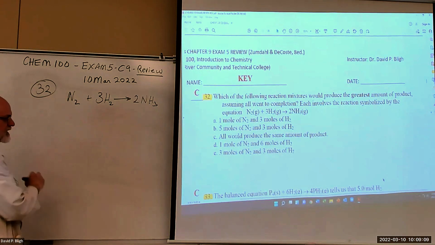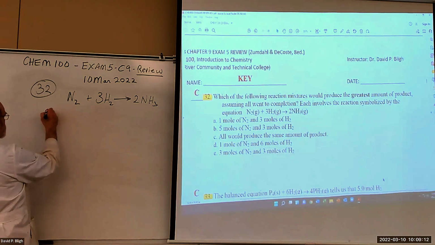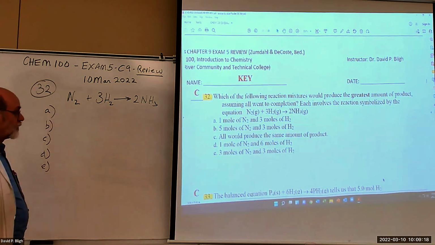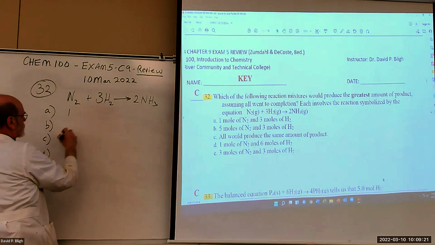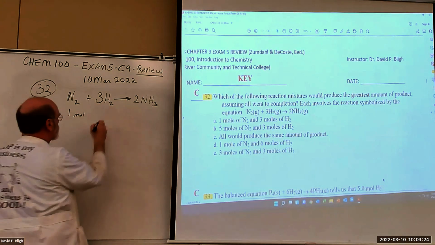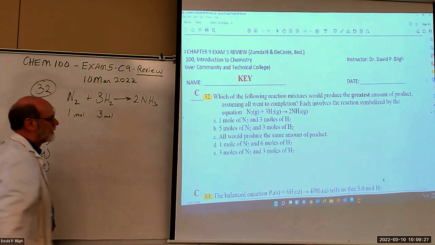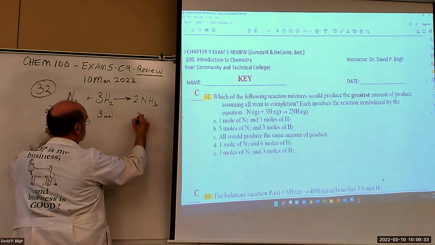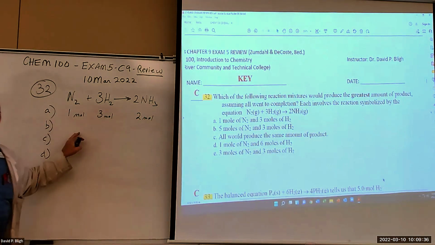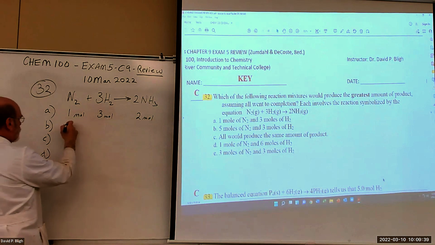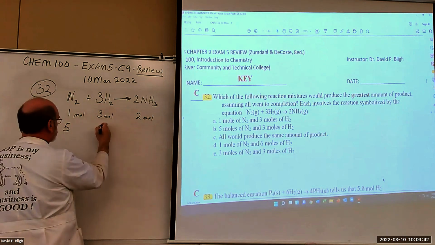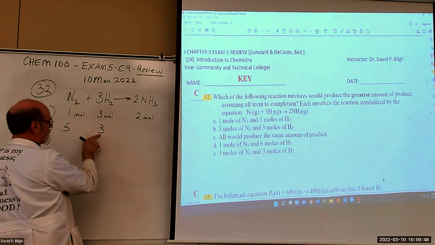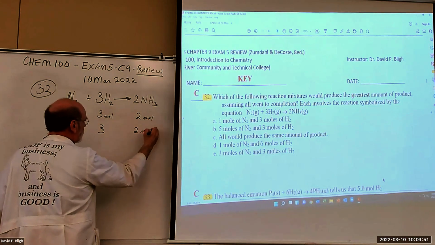Okay, so let's say we're going to have to do them B, C, D, E. All right, if we got 1 mole of that and 3 moles of this, how many moles of that would be produced? Well, 1 to 3 to 2. Right? That's a stoichiometric mixture. How about 5 moles of this and 3 moles of this? This is excess. You only need 1 of these. You got 3. So you can still only produce 2 moles of ammonia.